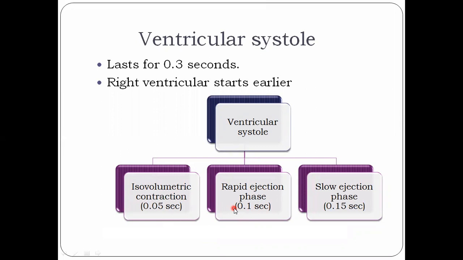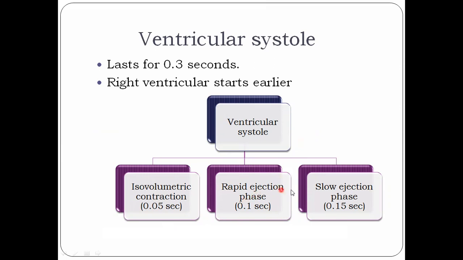When the intraventricular pressure increases and just reaches its peak value, the blood gets ejected. 70% of the stroke volume is ejected during the rapid ejection phase. During this phase, the ventricular pressure increases. The left ventricular pressure rises up to 120 millimeter of mercury, and the right ventricular pressure increases up to 25 millimeter of mercury.